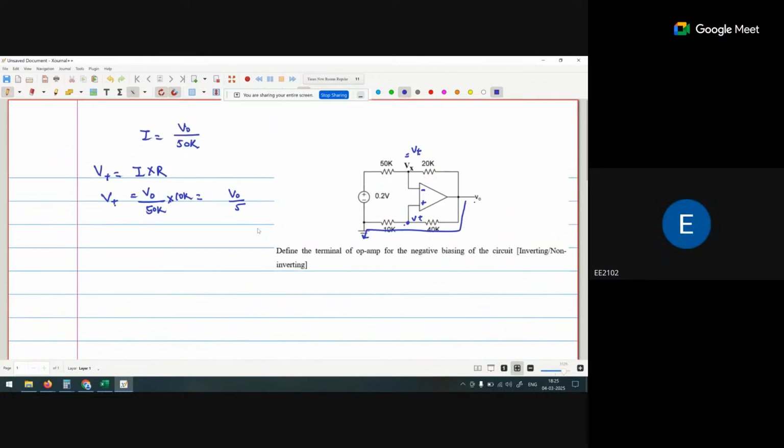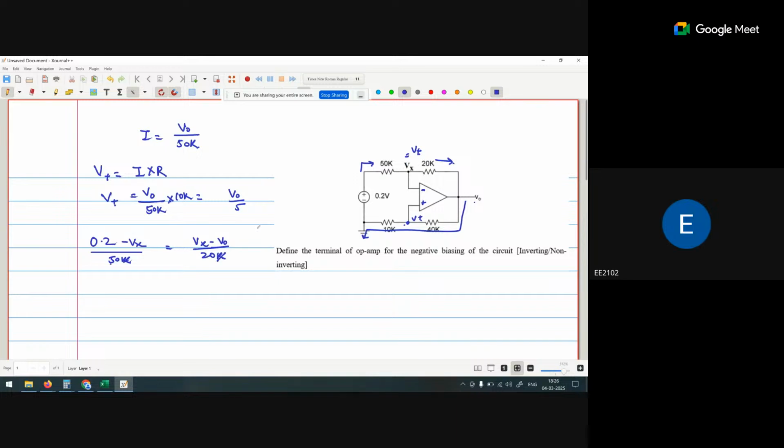Now, can I apply KCL at this point? The current that is coming from this one will be going in this direction. So 0.2 minus Vx upon 50k is equal to Vx minus V naught upon 20k.